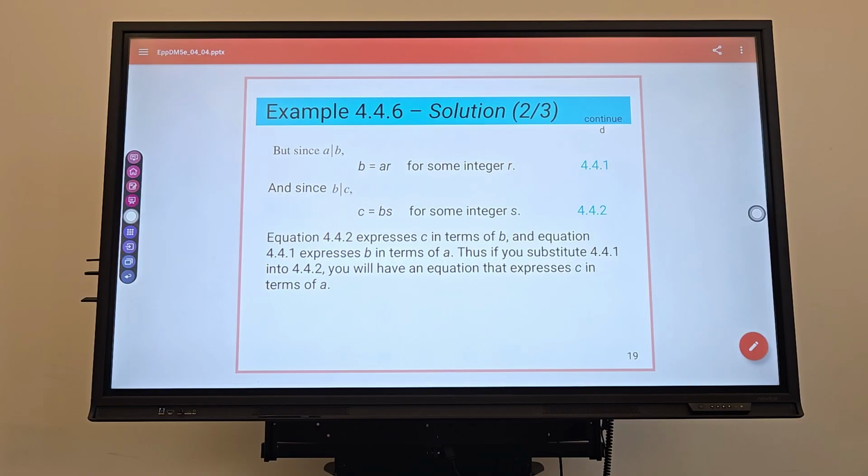Since a divides b, b equals a times r for some integer r. Since b divides c, c equals b times some integer s.